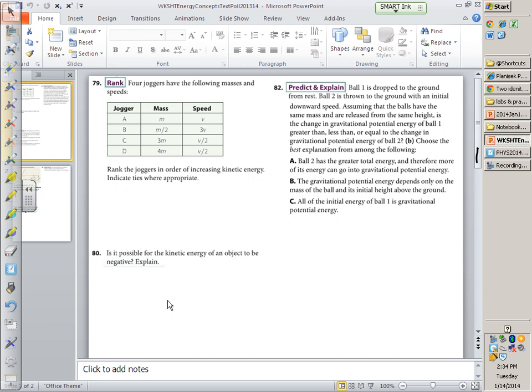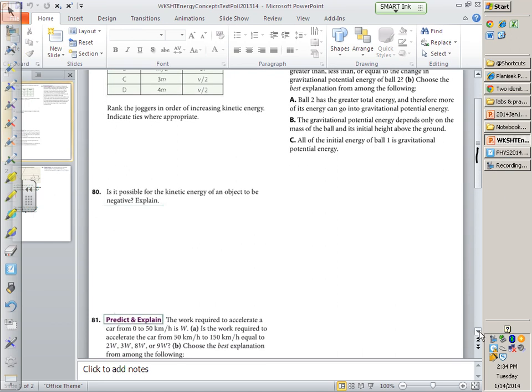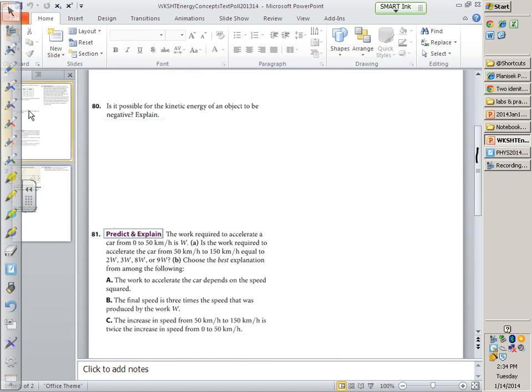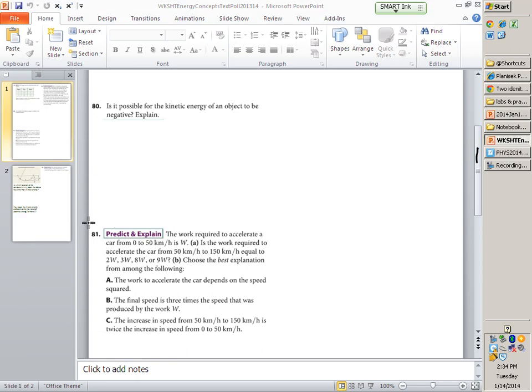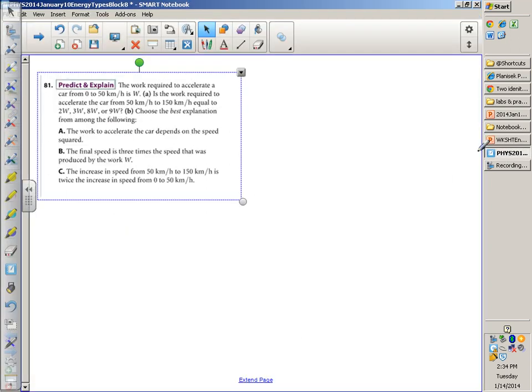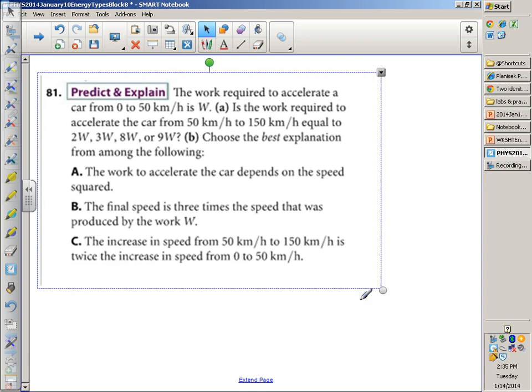Next question. The next question is number 81, which shows up at the bottom of the page here. It says the work required to accelerate a car from 0 to 50 is W. Again, no numbers there, just looking at factors.